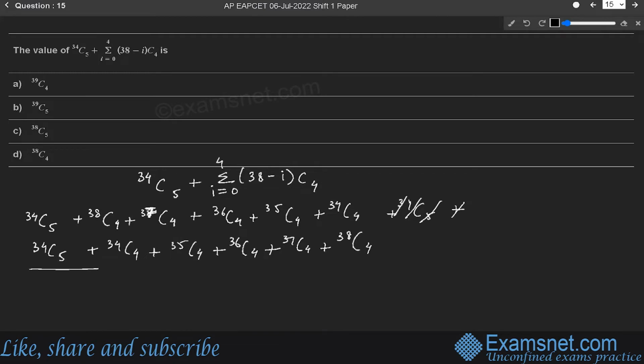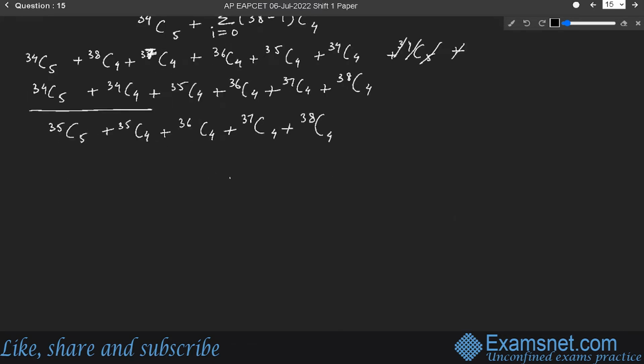Now, this term can be written as 35C5 plus 35C4 plus 36C4 plus 37C4 plus 38C4. We know that there is a property which is nCr plus nC(r minus 1) is equal to (n plus 1)Cr.